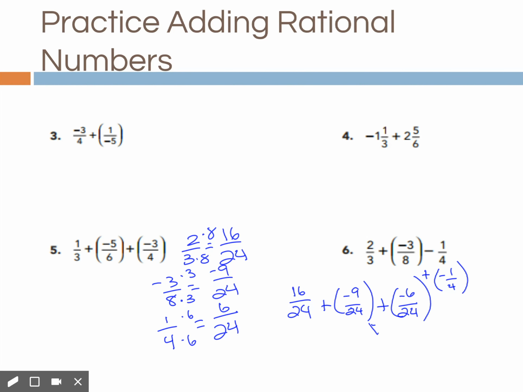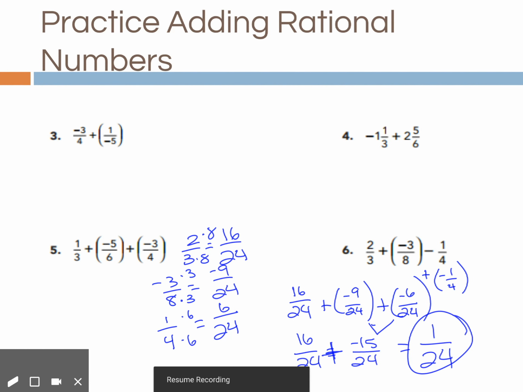So again, I'm going to combine these first. Negative 9 plus negative 6 is negative 15/24 plus 16/24. Sorry, plus, not equals. And that, when we add those together, is going to be just 1/24. That's the final answer you should have gotten there.